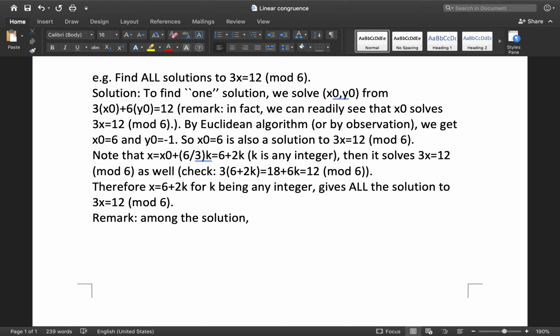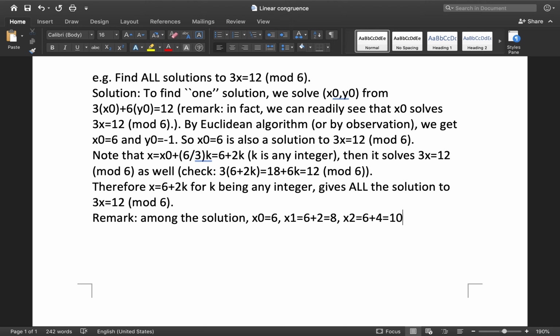For example, you can check x0 equal to 6. That is the solution you got at the very beginning. For x1, you take k equal to 1. That will give you 6 plus 2, and that will give you 8. x1 equal to 8, and for example x2, that is 6 plus 4, that is 10.